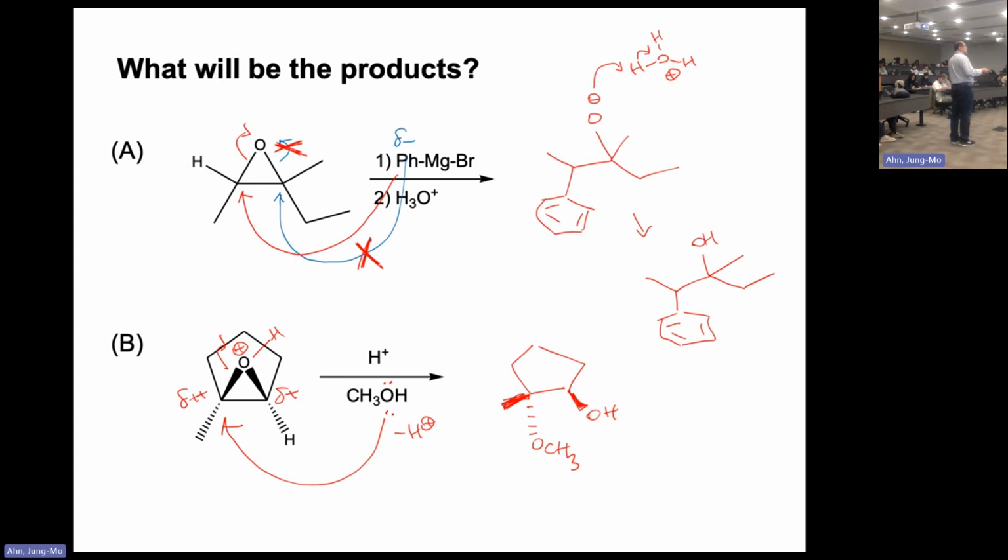So these two should be trans. Right? There's a lot of stereochemistry and regiochemistry: which carbon of the epoxide the nucleophile will attack, what stereochemistry is going to be in the product, things like that. There are so many things that you need to worry about. That's why we love this question.